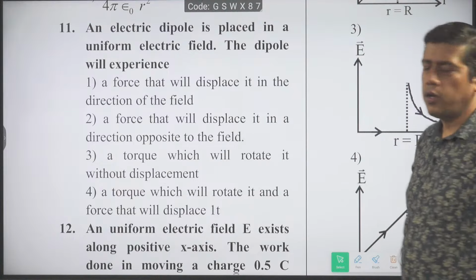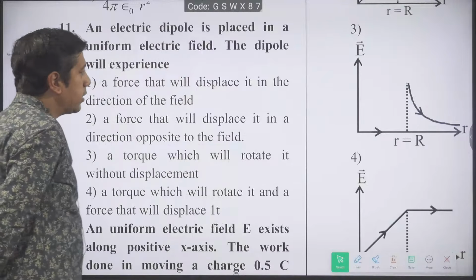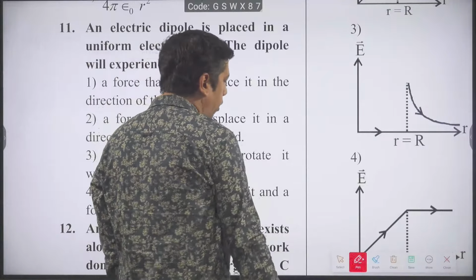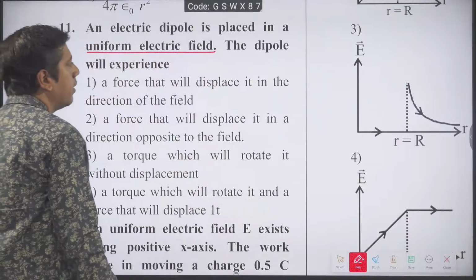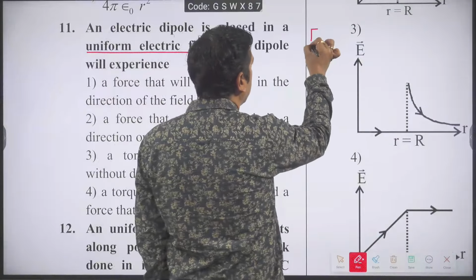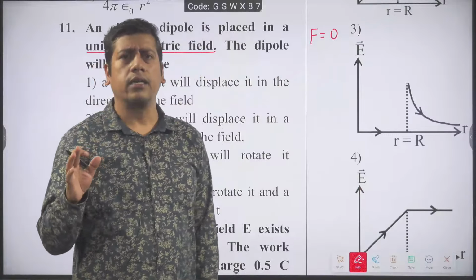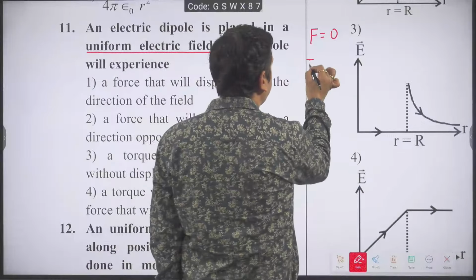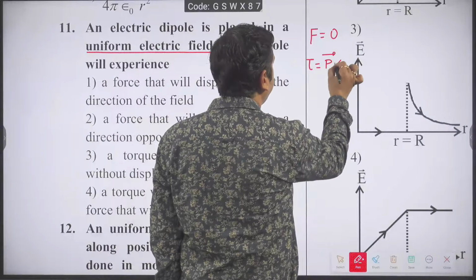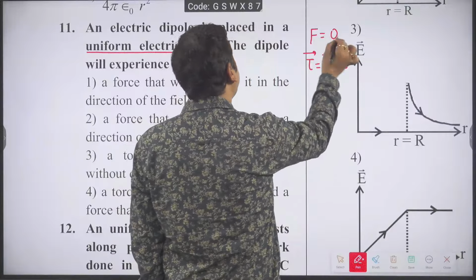An electric dipole is placed in a uniform electric field. The dipole will experience... Since it's a uniform electric field, recall the theory. Net force on the dipole will always be 0, whatever the orientation. And the torque is P cross E, so torque may be 0, may not be 0. But force is always 0.